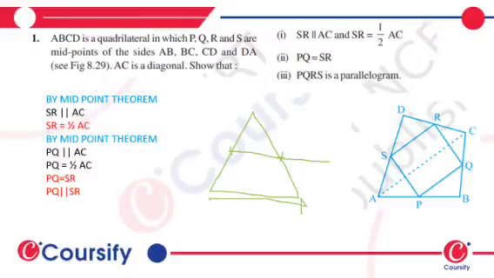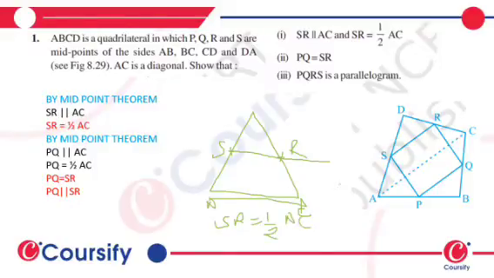That means if this is SR in our case and this is AC in our case, then SR is equal to half of AC. This is what the midpoint theorem says.